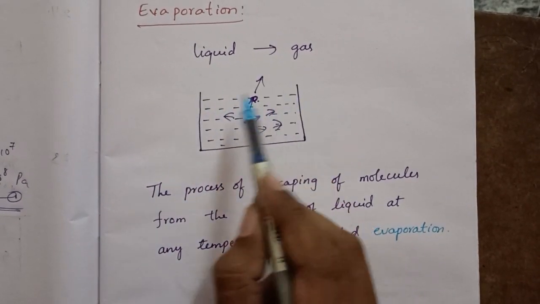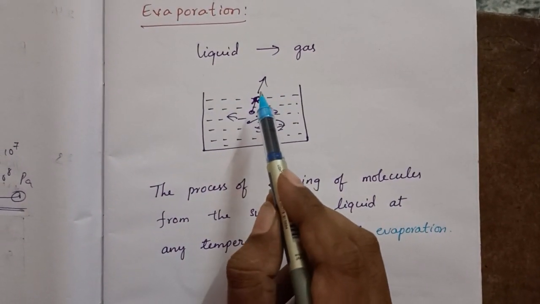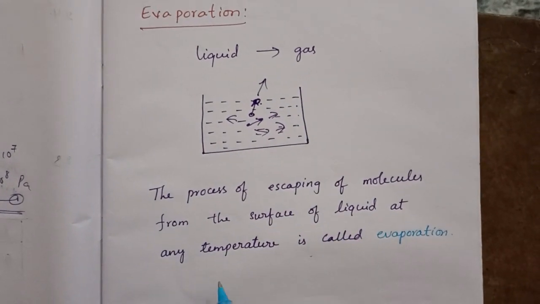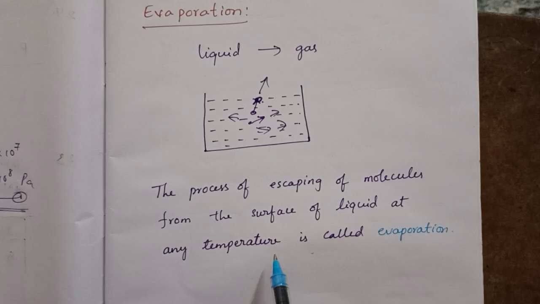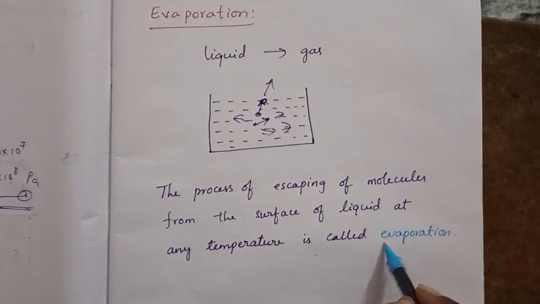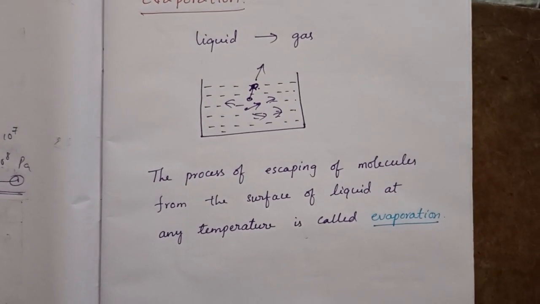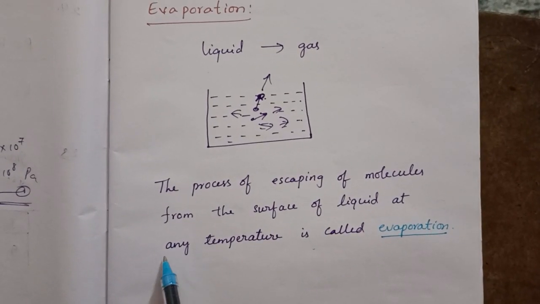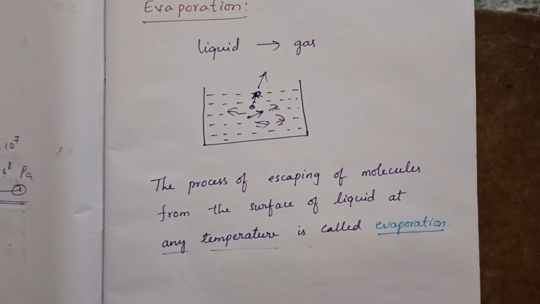From the surface of the liquid, a water molecule or any liquid molecule escapes at any temperature. The process of escaping of molecules from the surface of a liquid at any temperature is called evaporation. Evaporation takes place at any temperature.